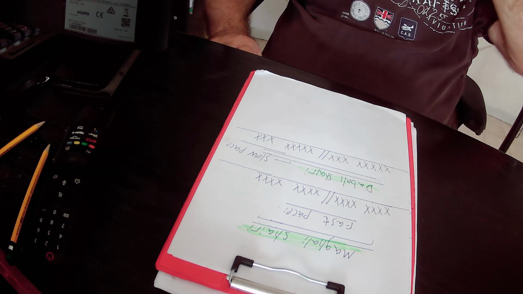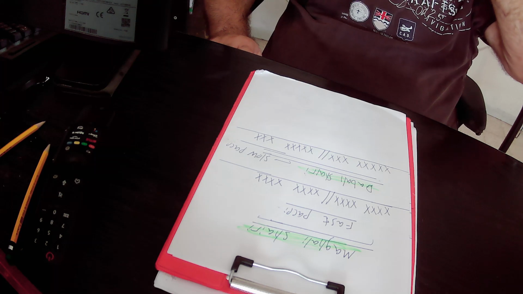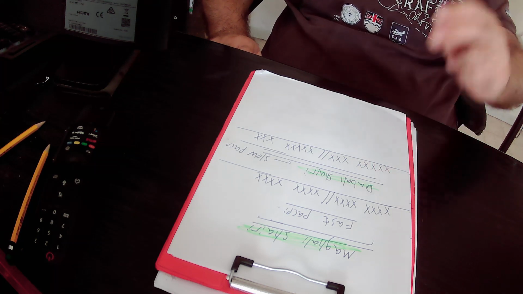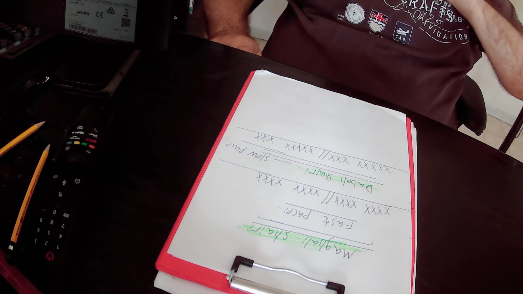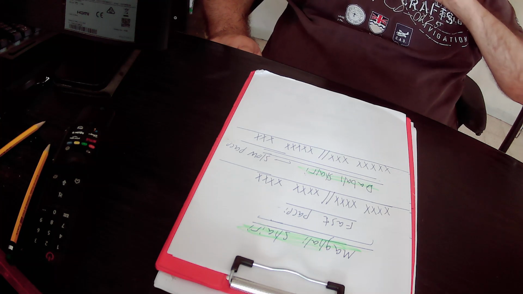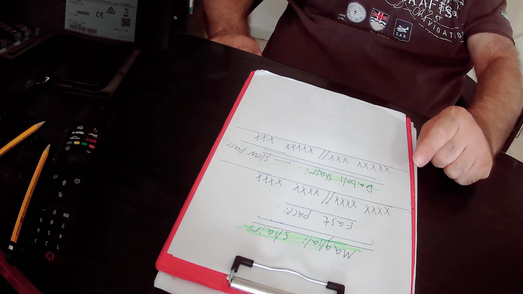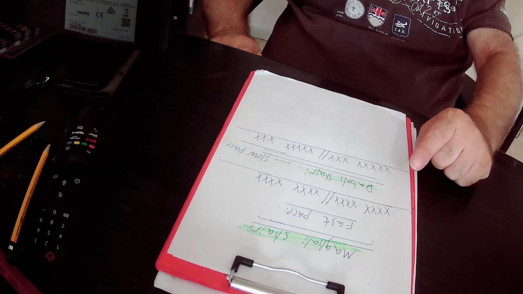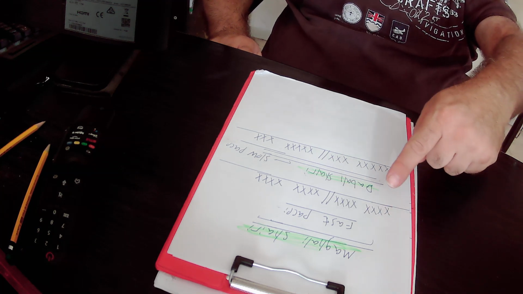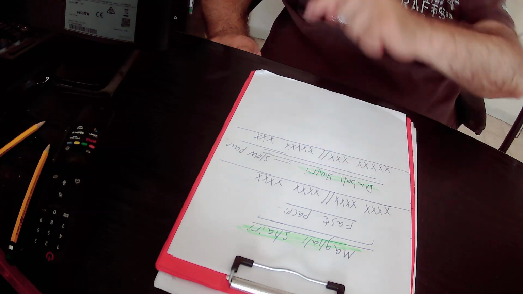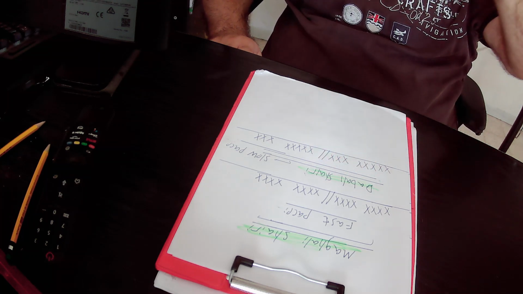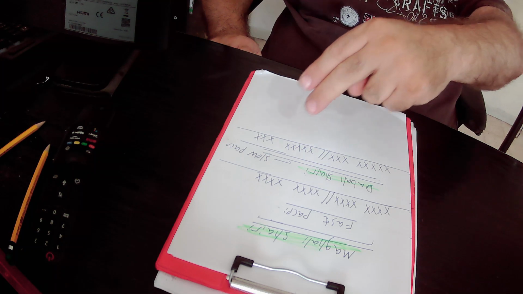What is a fast pace? Actually, when the pace of the plot is fast, then the structure of the 16 syllables is according to the marali shairi, that is to say 4 plus 4 plus 4 plus 4, and the rhyming is on the last 2 syllables of the last word in each line.